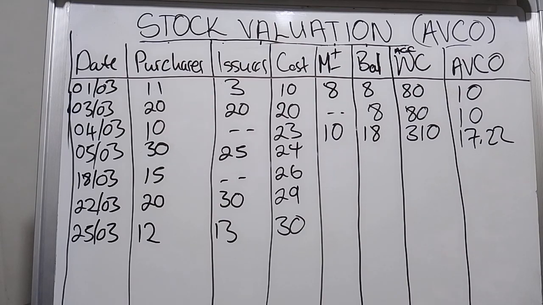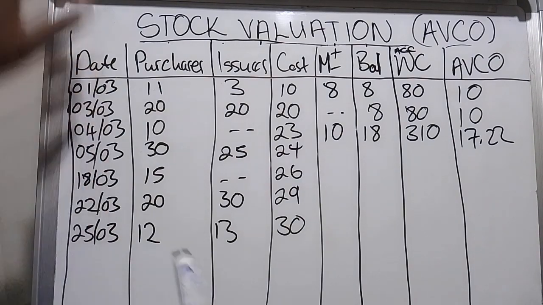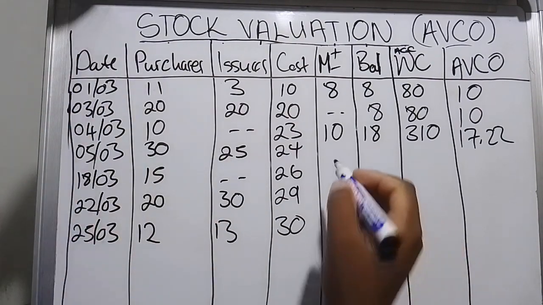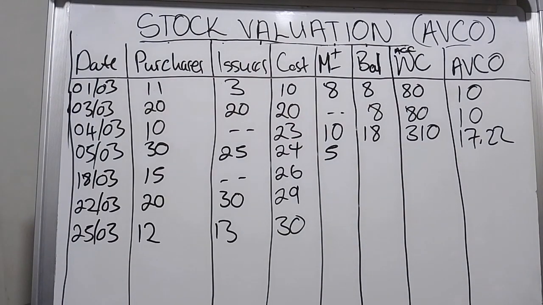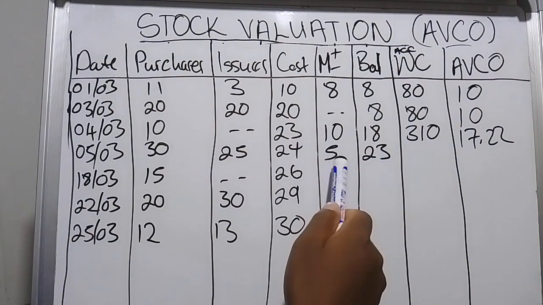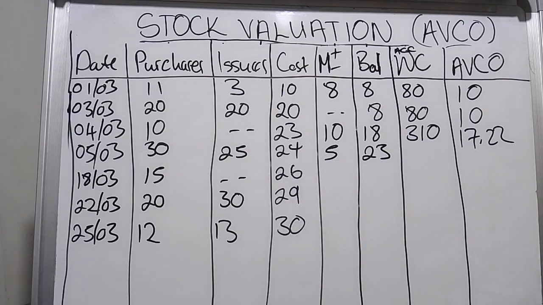Then we move to the next scenario. On the 5th of March, we purchased 30 items, then we issued out 25 items. It means we remained with 5 additional. 5 plus 18, we come to a balance of 23 items. Then these additional 5 items were valued at $24. So $24 multiplied by 5 gives 120.